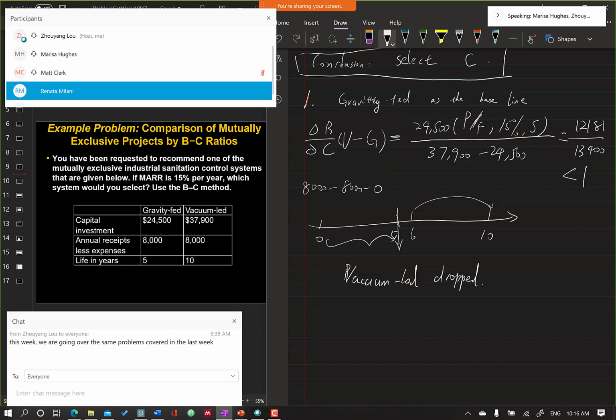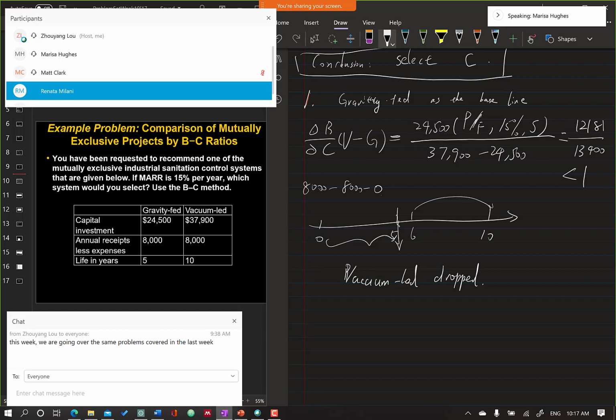If you choose to do the vacuum, because we are using project V to compare with project G, then throughout the 10 years we don't need to spend another $24,500, because that's spent by project G. Project G has an extra investment in the second part, from year 6 to year 10. That's the second investment.